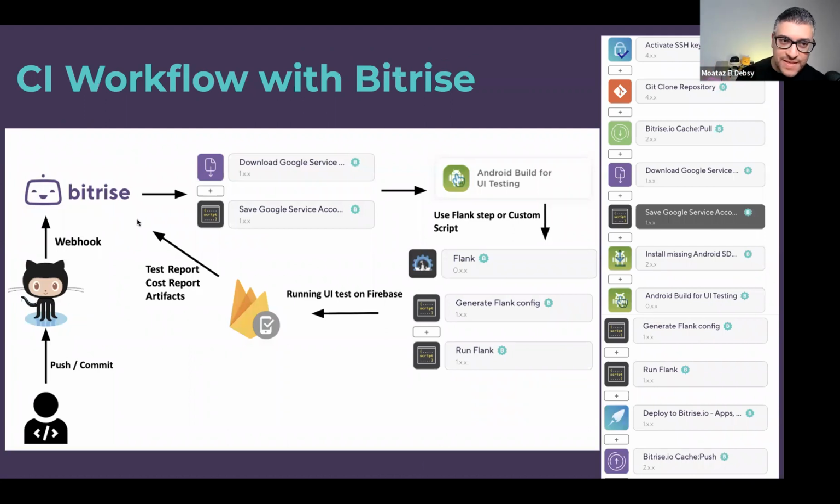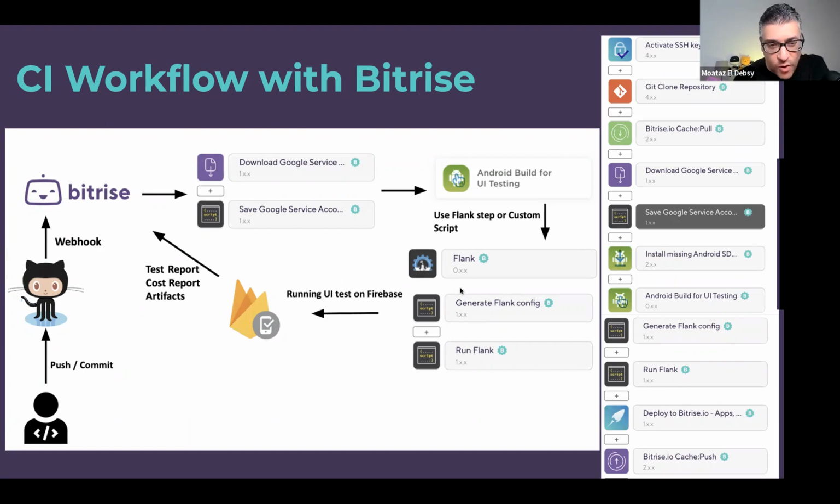So with the same CI workflow, we just download the Google Cloud service account key, which is what lets us log in with the service account on our CI server. Again, we run the Android build for UI testing to get the 2 APKs. Then we have a Flank step, or we can use a script step to generate a Flank config file, which is a YAML file, and then run the Flank command line.